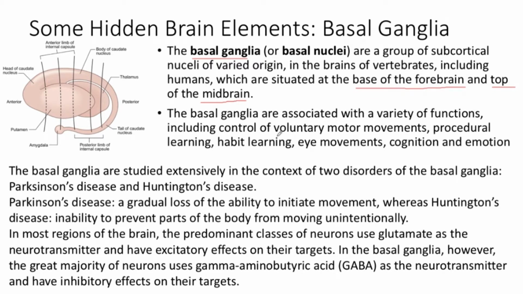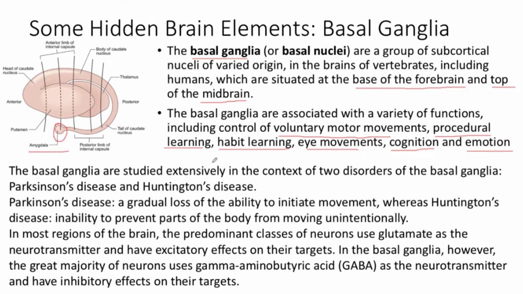It controls, for example, voluntary motor movements. If this is lost, many of our voluntary actions are lost. Also procedural learning, habit learning, eye movements, and some people say a good bit of cognition and emotion. Particularly, an area adjacent to the basal ganglia, the amygdala, controls many of our emotions.